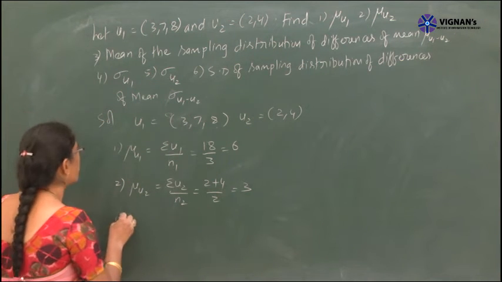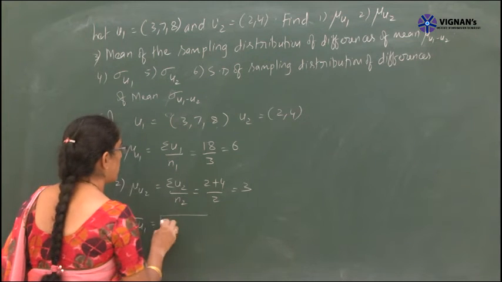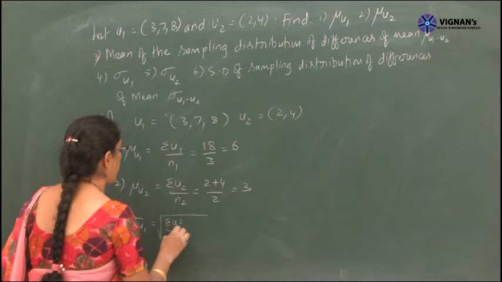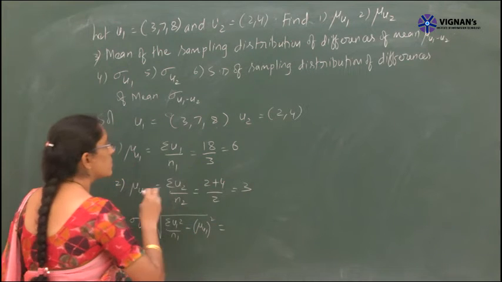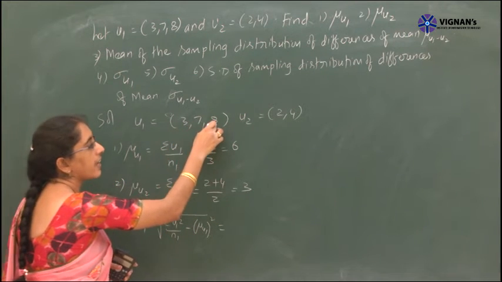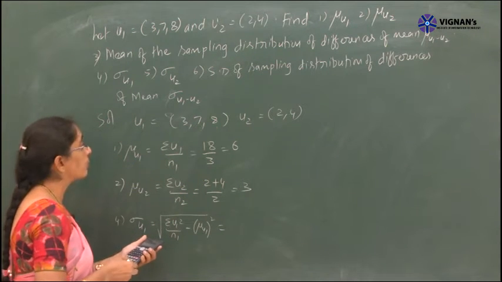Then the fourth bit is sigma U1. That means square root of summation U1 square by n1 minus mu U1 square. So 3 square plus 7 square plus 8 square, that means 9 plus 49 plus 64. Right?